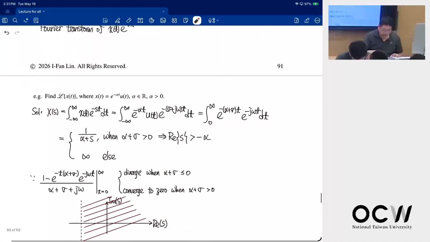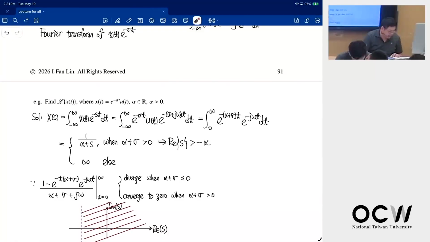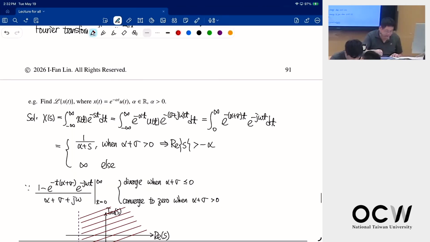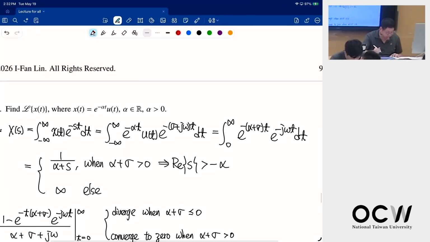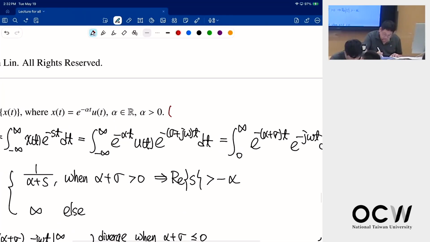And then we have some examples. I have this signal, and it only has a value when t is greater than 0. We can say this is a right-sided signal.